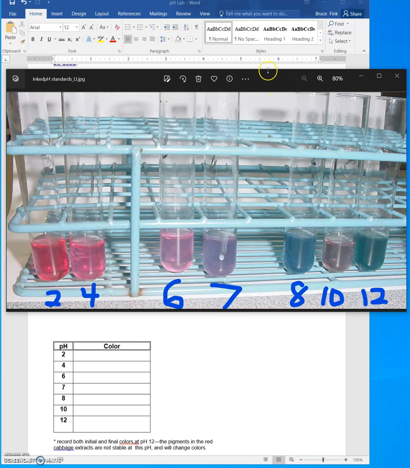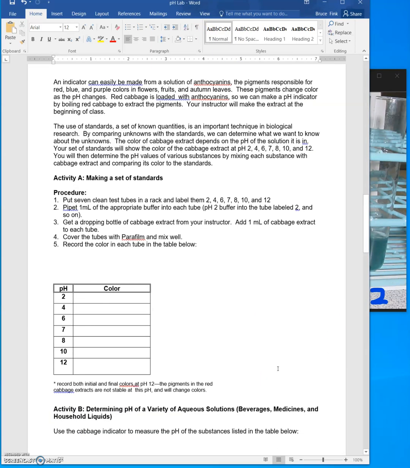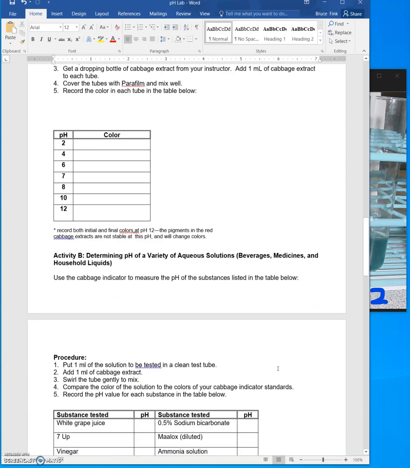Okay, so this is our known, and you're going to write down the colors as best you can in this table. And it's somewhat subjective, so do the best you can on the colors when you're distinguishing the reds or the greens from each other. Then eventually, in the lab, we move from the knowns to the unknowns.